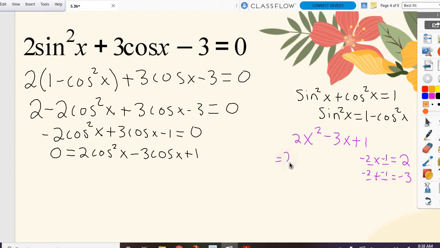So again, I'm going to break apart my middle term and then factor by grouping. So we have x minus 1 times 2x minus 1.